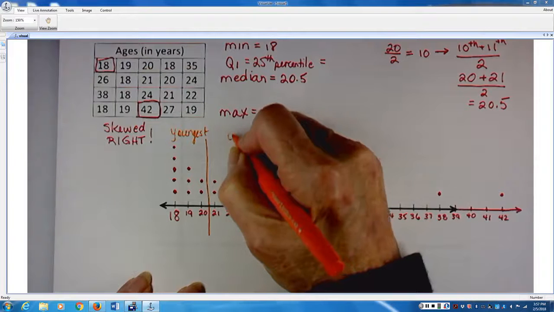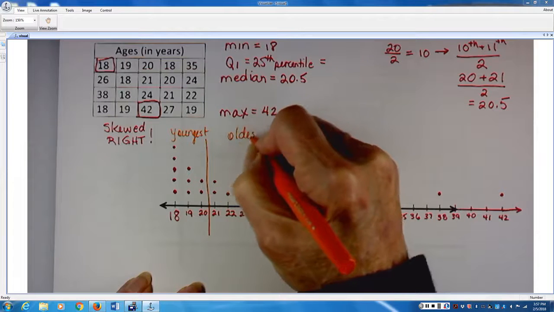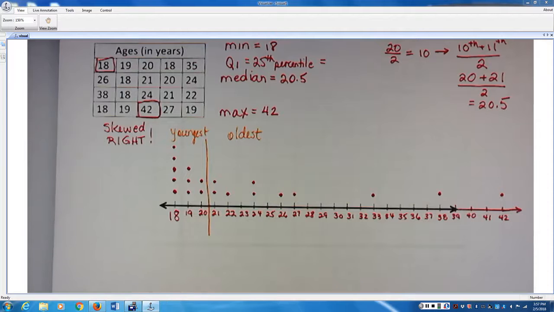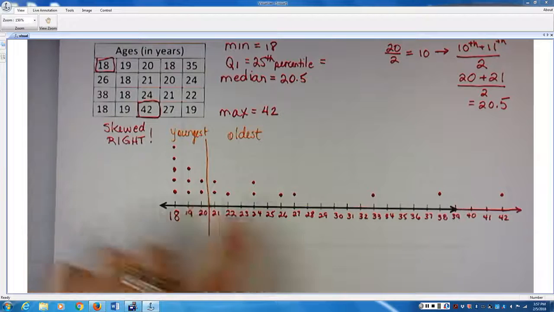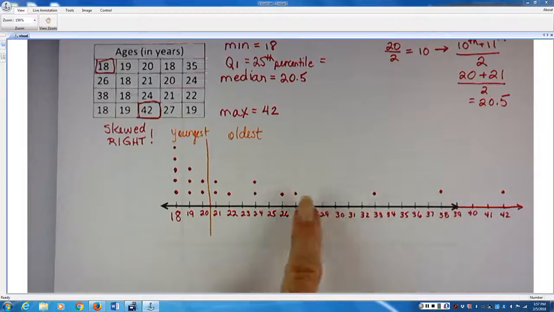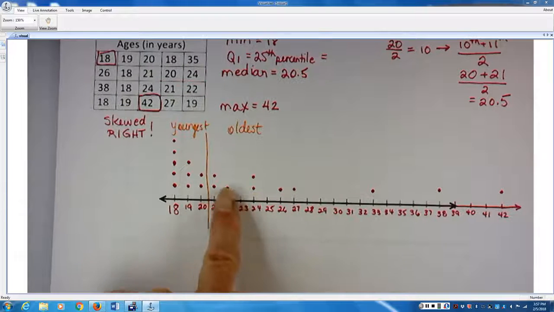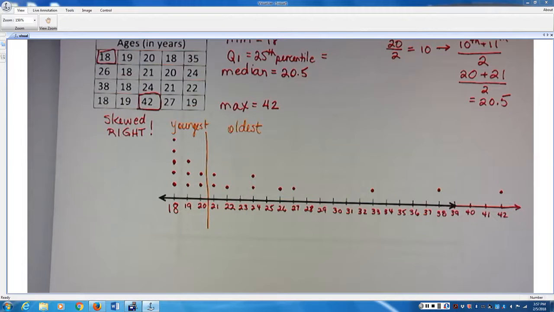And my oldest ones are to the right of that orange line that I just drew. So there's 10 students here, and there's 1, 2, 3, 4, 5, 6, 7, 8, 9, 10 students in the older group.